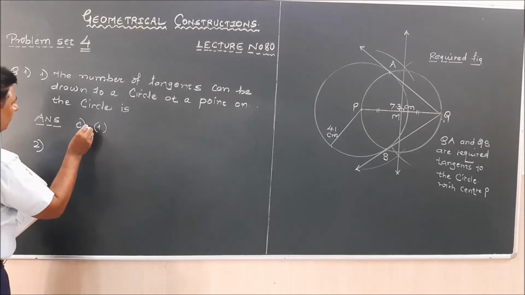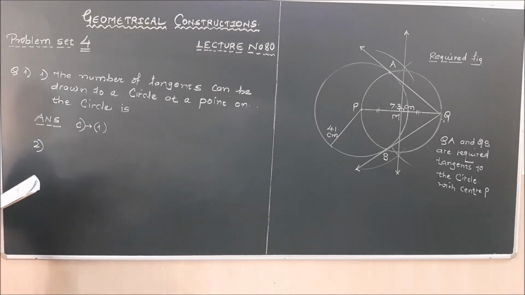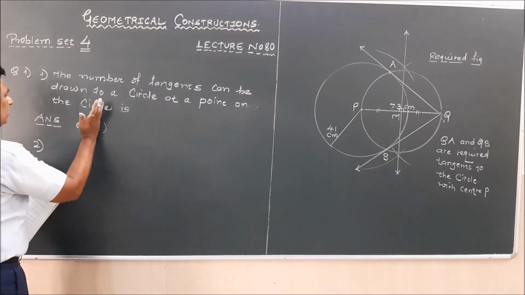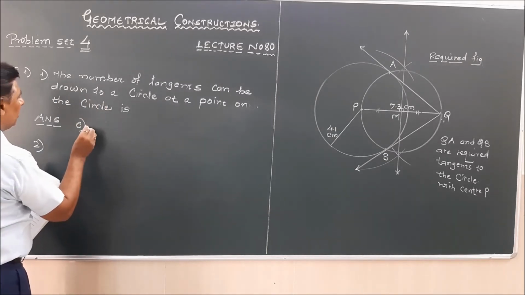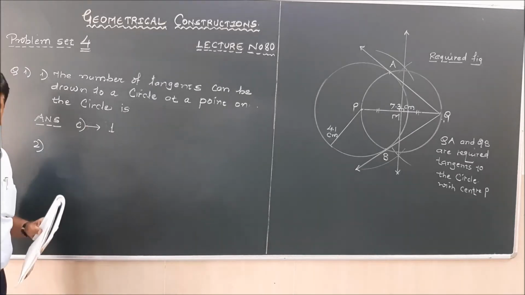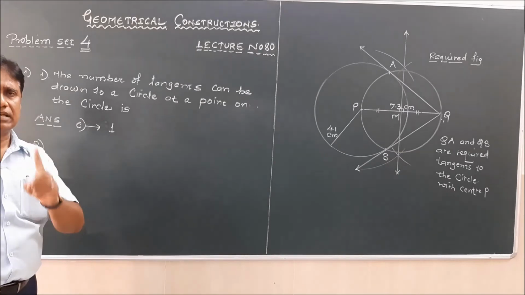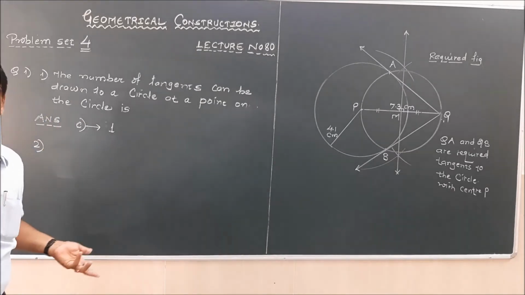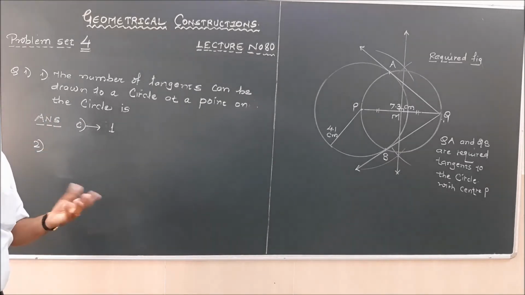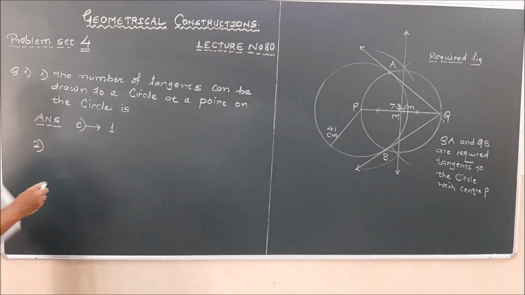The answer is C, and that is 1. We can draw only one tangent because a tangent and a circle intersect in only one point. That is the definition, right? The point of intersection is only one. So we can draw only one tangent.